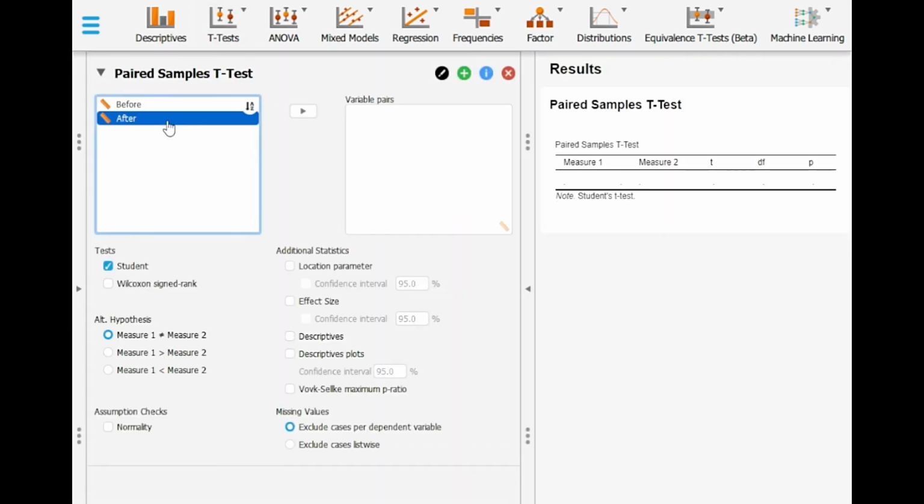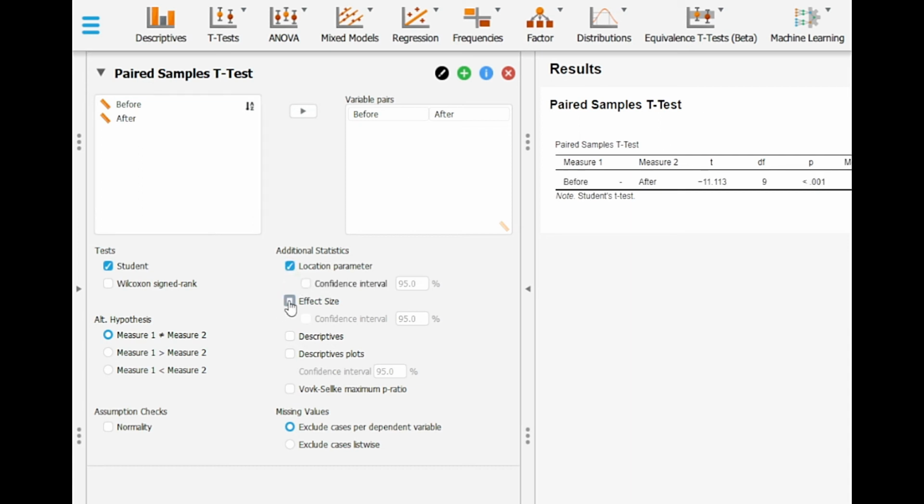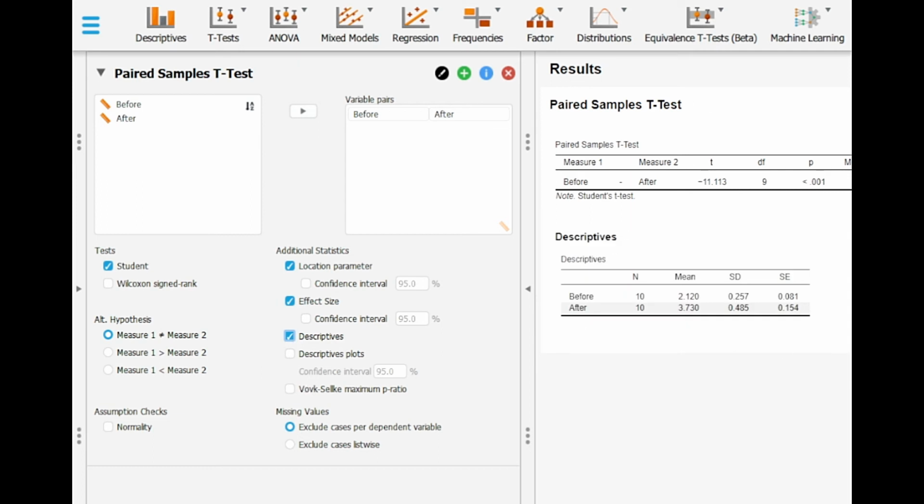For the variables, you look at the paired sample variable pairs, so put the values here. You can have the effect size also and the descriptives to aid you in analyzing the result.